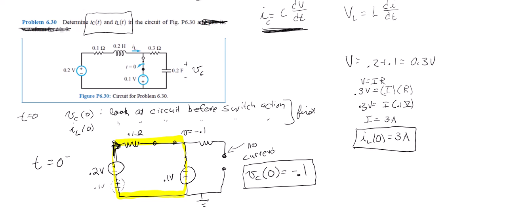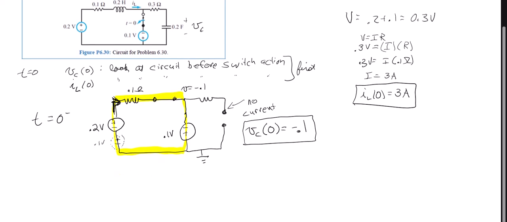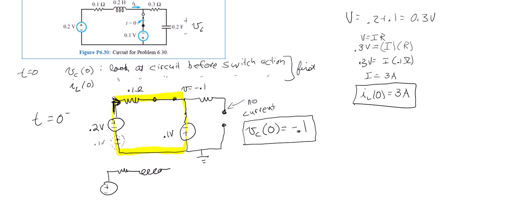So now when I redraw my circuit at switch action, I know that these two things still both have to be true. Now, this little voltage source is not going to do anything anymore because it's not connected to anything.